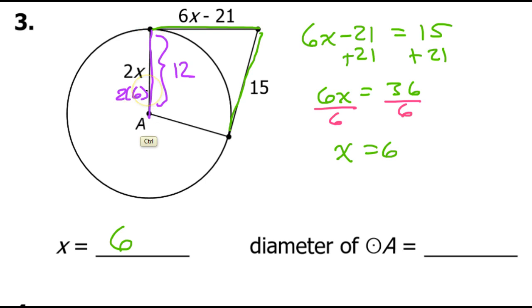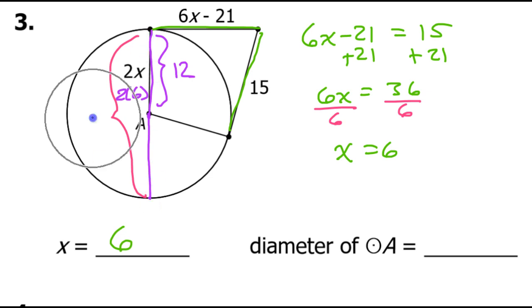If the radius is 12, then the diameter is going to be double that. So the diameter then will be 24, because the diameter is the whole thing from one side to the other. So that's 2 times the radius.